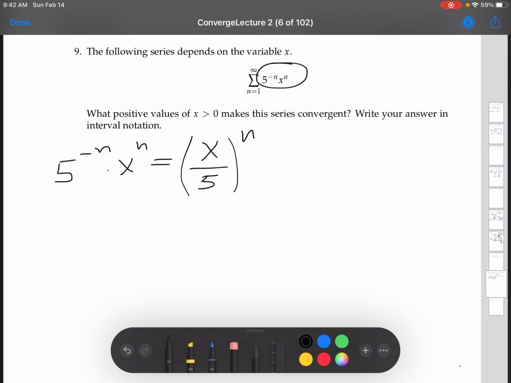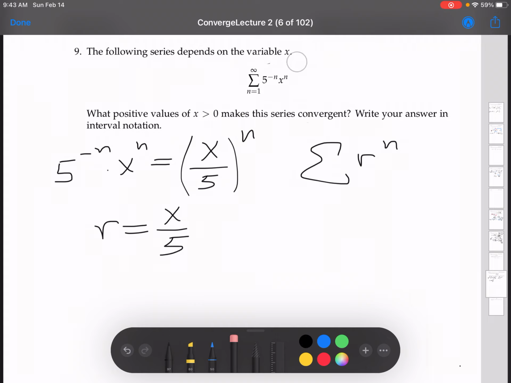Remember the general geometric series looks like r to the n. We don't have a constant c, so we just have r to the n. And so for our geometric series, r is equal to x over 5.